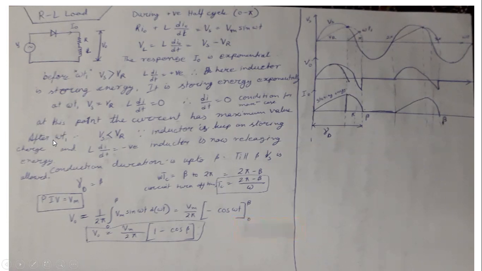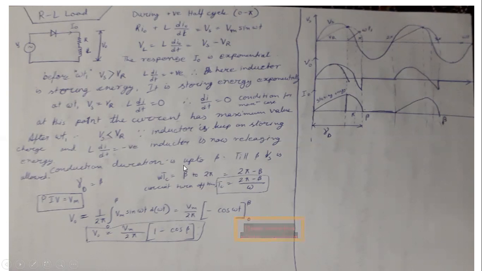After omega t1, the resistive voltage is greater than the source voltage, since the inductor keeps on storing charge, and L di/dt value will be negative. The inductor is now releasing energy.